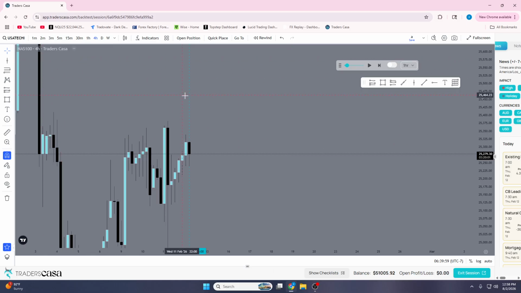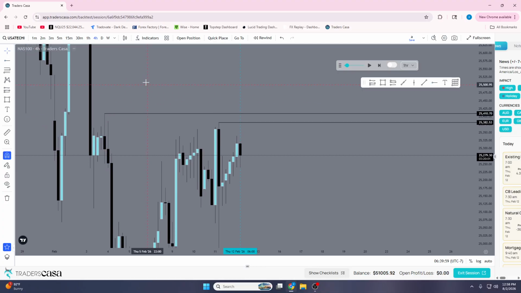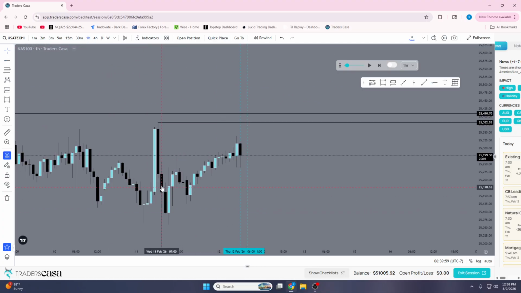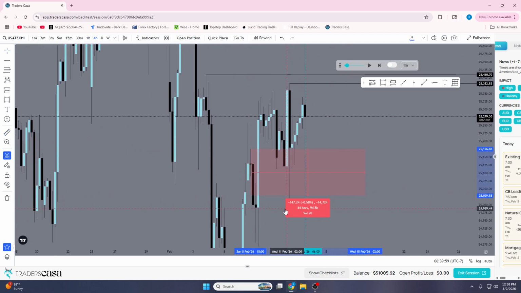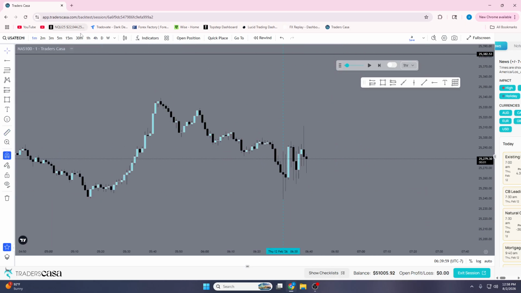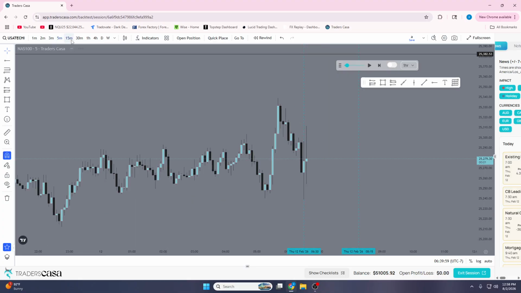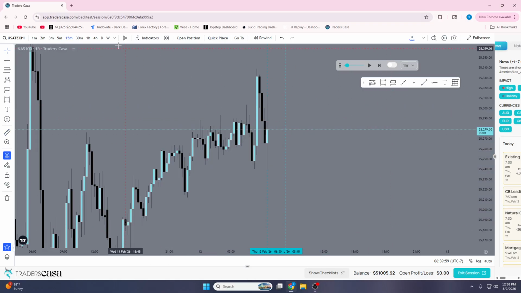Okay, so we have these 4-hour highs here. We're choppy, but we're in bullish market structure here. We're selling, or we're buying off of this leg sweep. Immediately we're shorting, so we might go for some of this LRL.